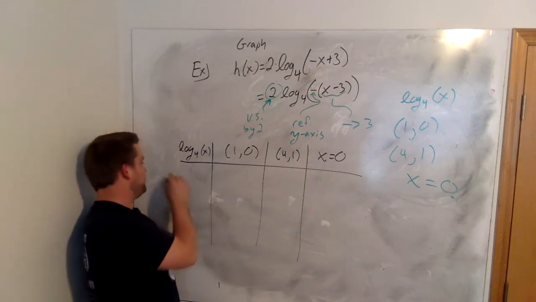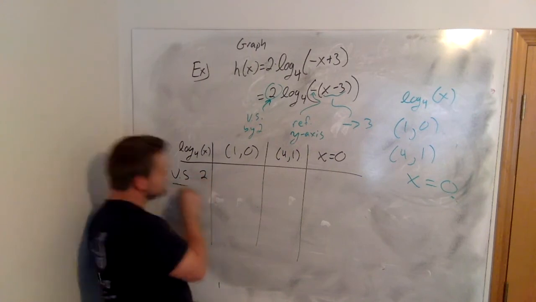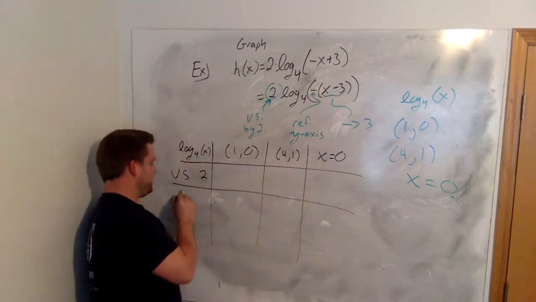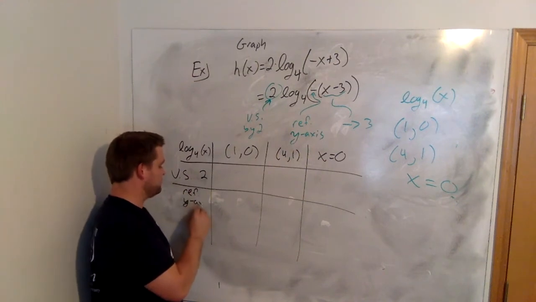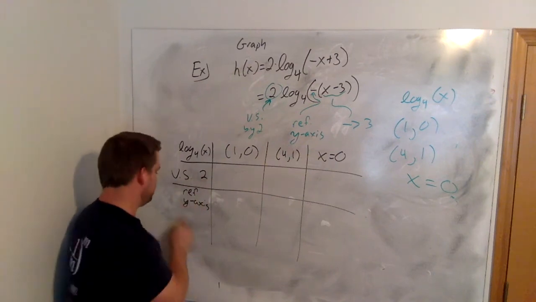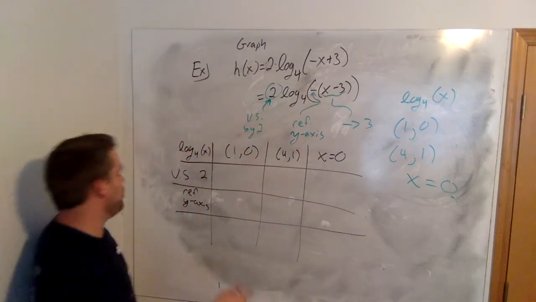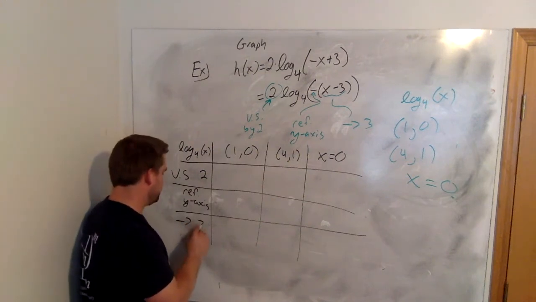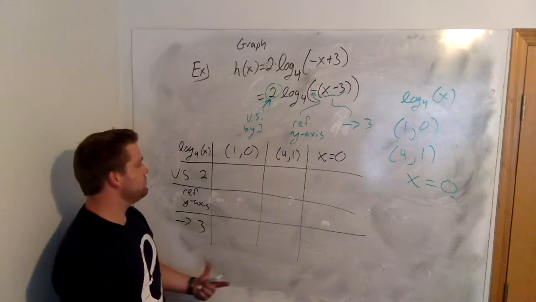So how about we first vertically stretch by 2, and then let's do a reflection about the y-axis. You could have done these two in any order as long as you're doing these two first. What else are we doing? We are also going right 3 units.